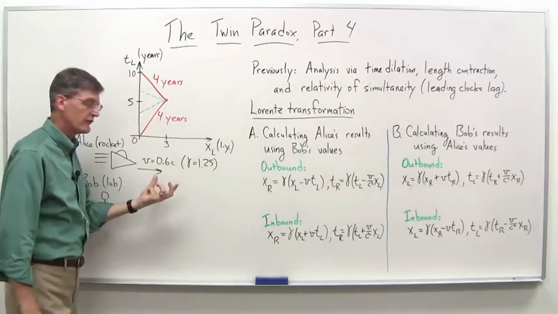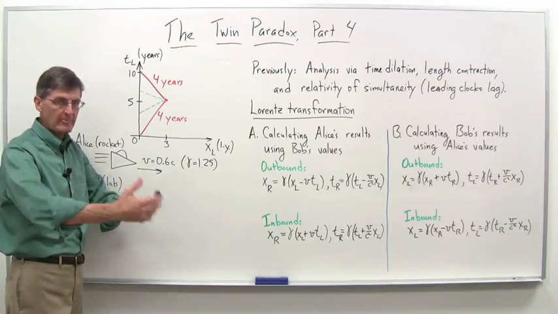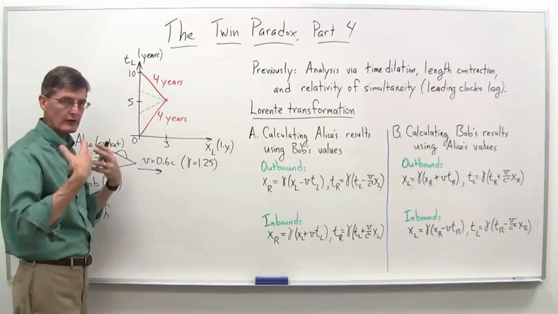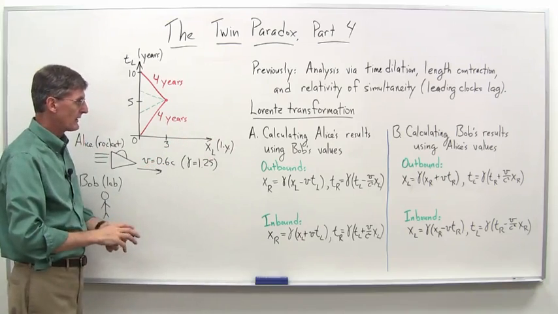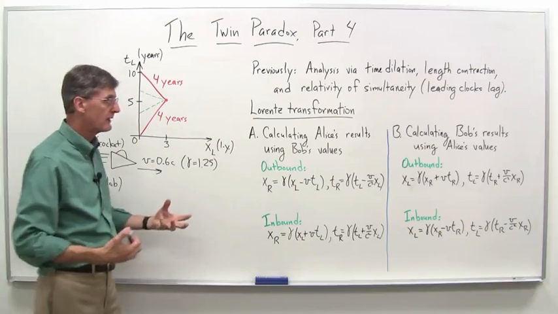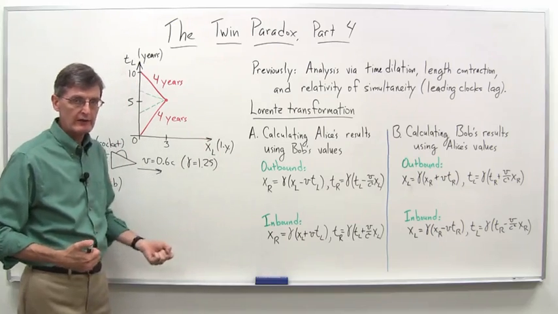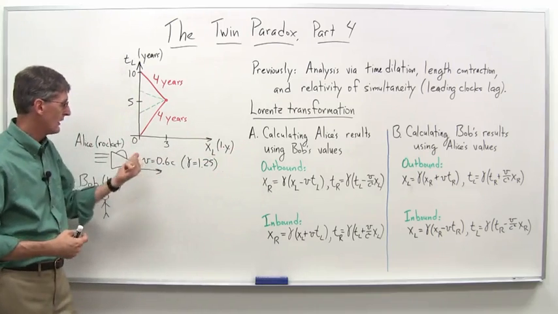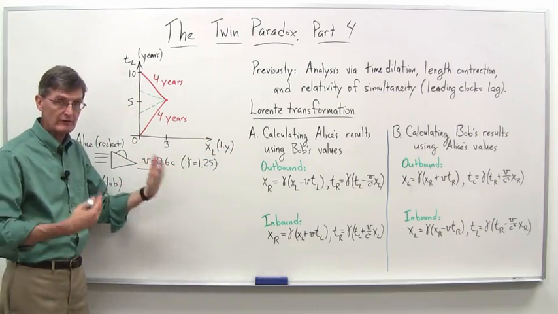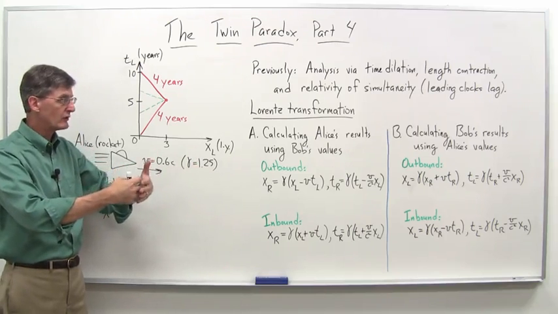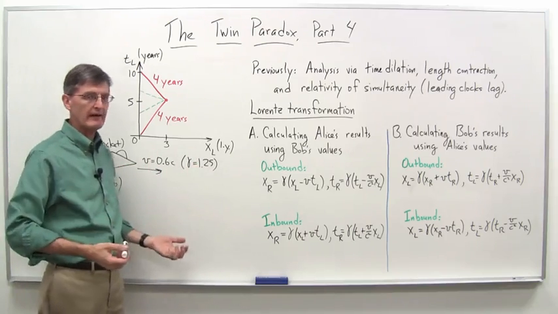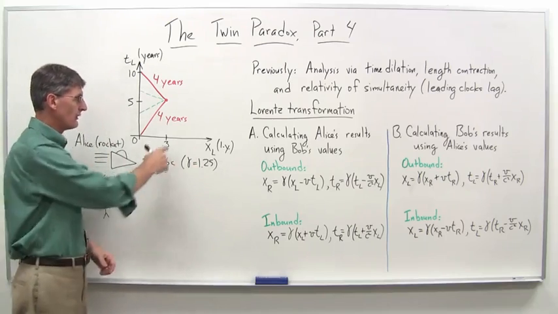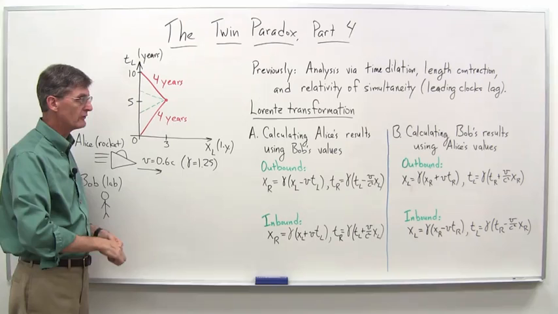We did Alice's analysis where she sees Bob essentially going away and the star coming toward her and then back again. And for that it was a little more complicated. We had to use not only time dilation but length contraction, because she sees the distance to the star not as 3 light years as Bob does, but a contracted distance. So we had to take that into account. And once we did that, we got the correct number of years ticking off on her clock, 4 years.